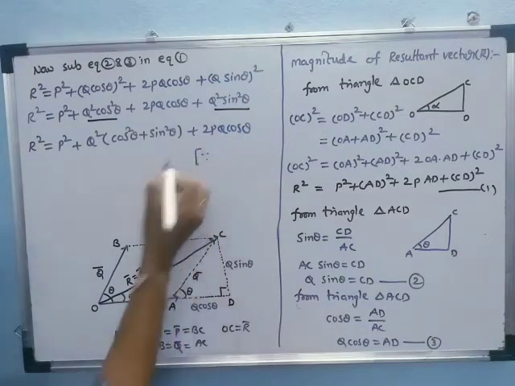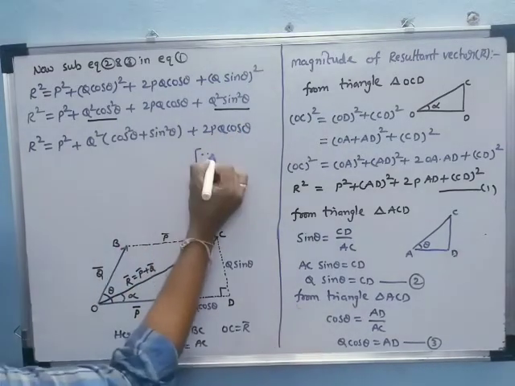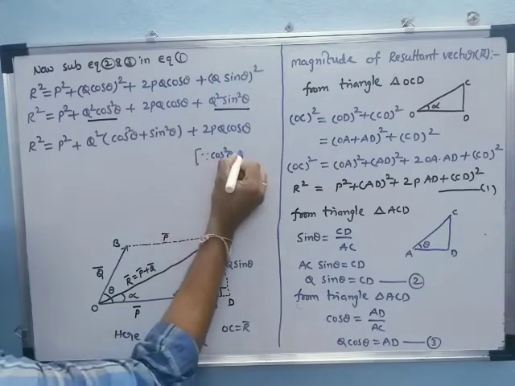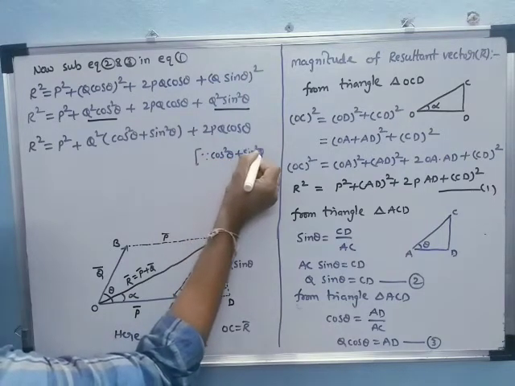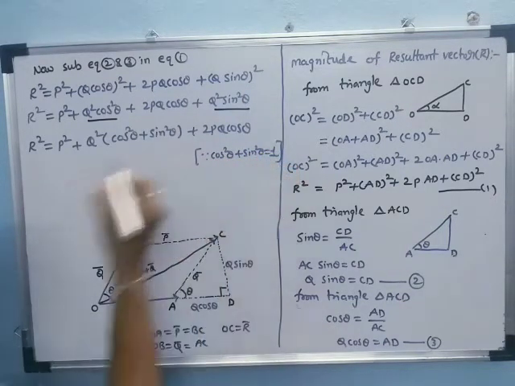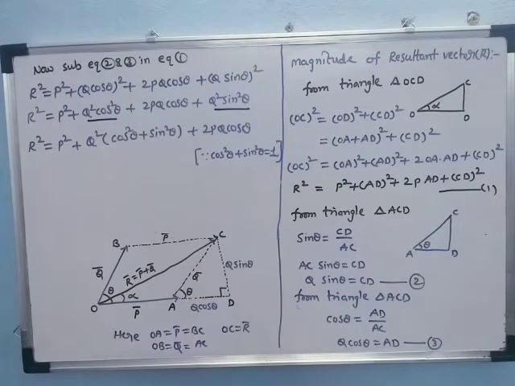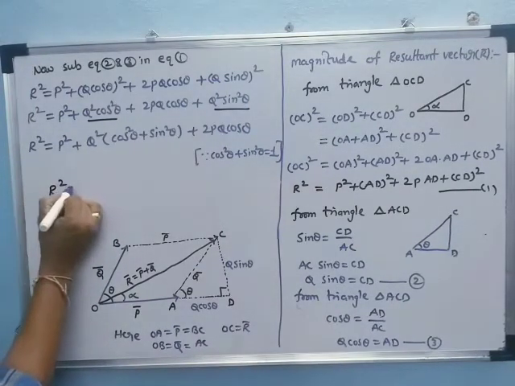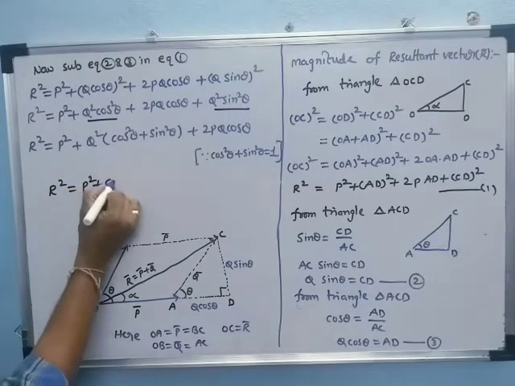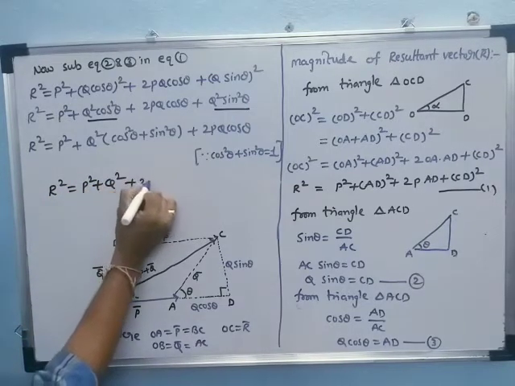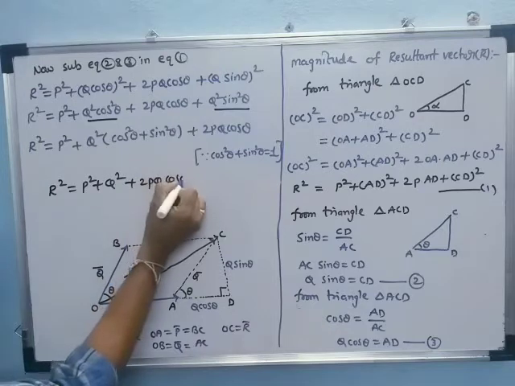In trigonometry, we know the formula cos square theta plus sin square theta is equal to 1. Now this 1 into Q square gives Q square. So R square is equal to P square plus Q square plus 2PQ cos theta.